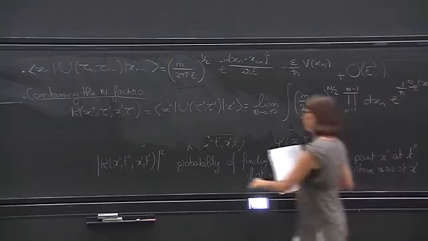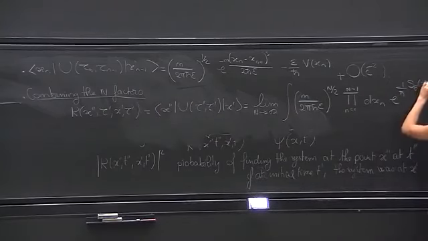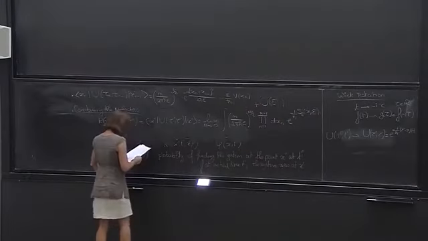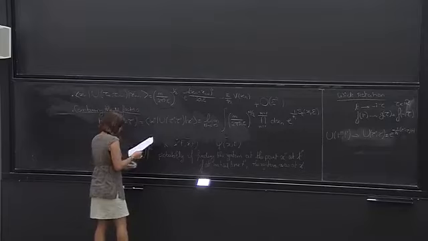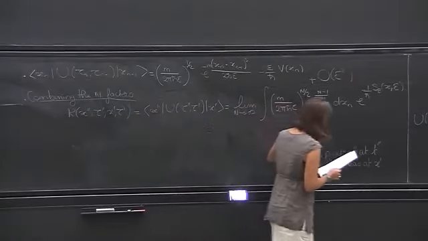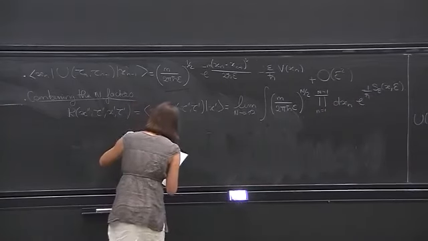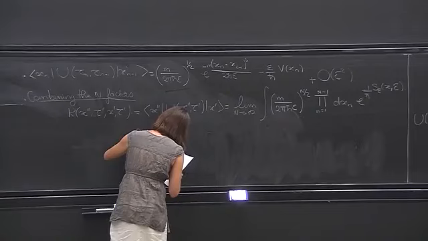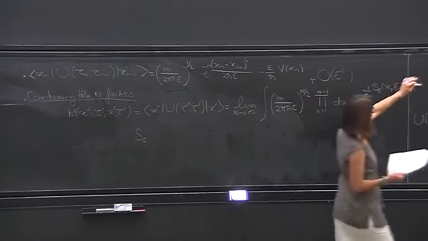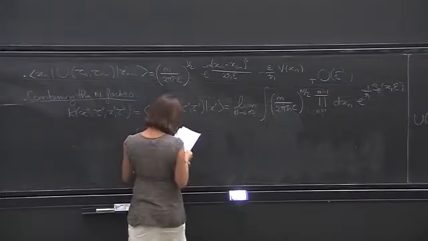Let me give you what this is. It not only depends on x, it also depends on this epsilon, and it's discrete. The subscript E is for Euclidean, because since we did this Wick rotation, we end up with what we call the Euclidean action.